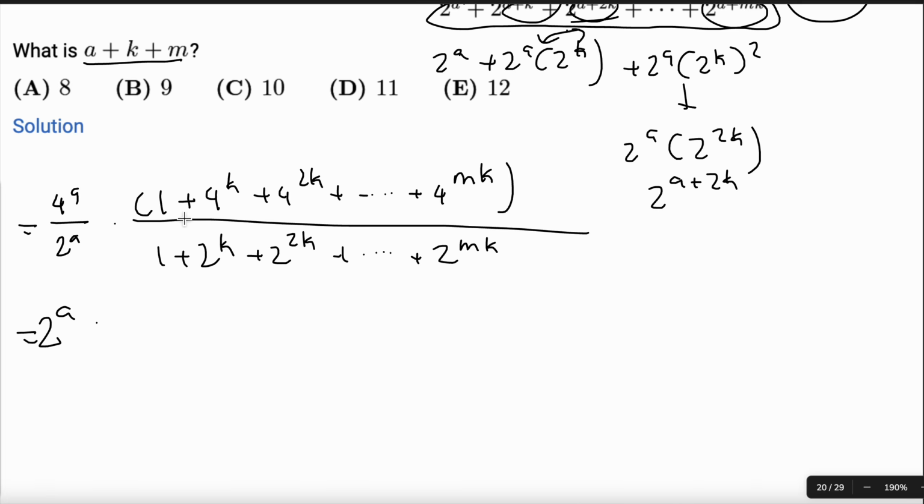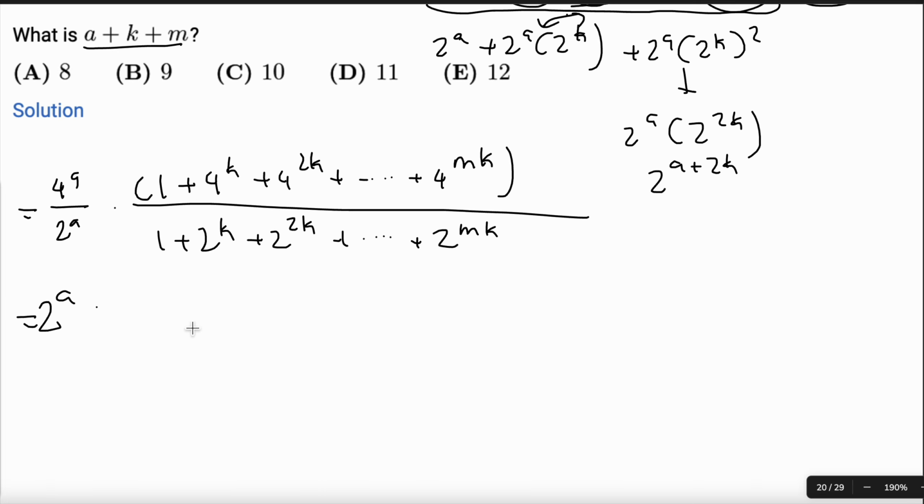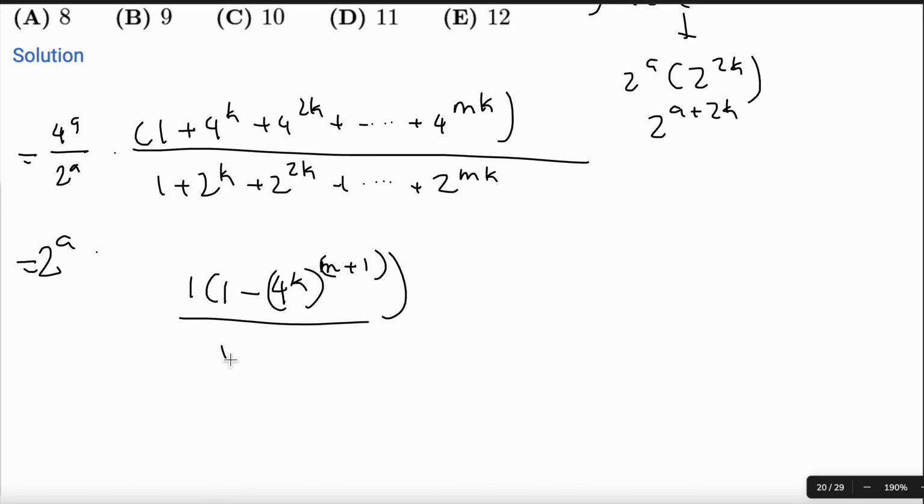And so the sum of this numerator sequence, a sub 1 is just 1, times 1 minus r to the n, where the common ratio r is 4 to the k. And so there's m of these terms that have 4 in them, but there's also one more, so it's going to be 4 to the k to the m plus 1, over 1 minus 4 to the k, since that's also the common ratio.